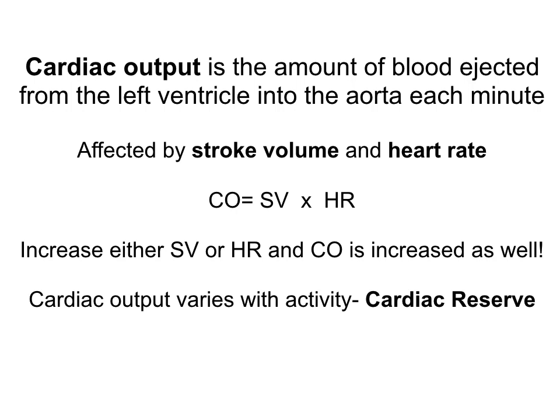Now, since cardiac output is impacted by stroke volume and heart rate, we're going to need to first discuss what can influence your heart rate, and then we need to talk about what can influence your stroke volume. Now, what makes this particular section of the chapter challenging is that students will study, here's what's going to affect heart rate, and they'll study that as if anything's changing, it could be heart rate.